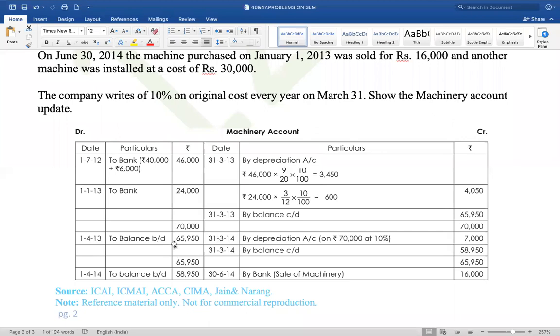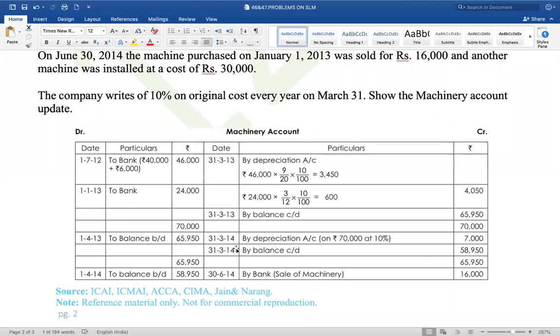The next accounting year starts with the first day of April 2013. Write the date 1/4/2013, to balance brought down. Brought down indicates opening. Carried down indicates closing. What was closing last year becomes opening for the next year. And the amount is 65,950. Now calculate the depreciation for next year.